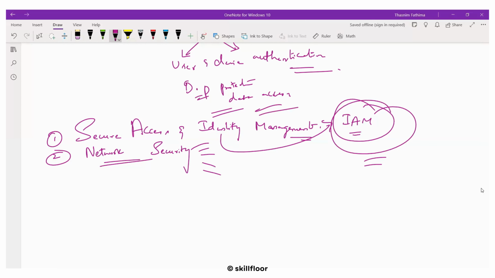So for network security, individuals always need to set up subnets and virtual private clouds. They need to focus on access controls and security groups. They need to control the traffic flows between the resources. And one should always enable private connections and limit public access. That way we can easily enhance network security.